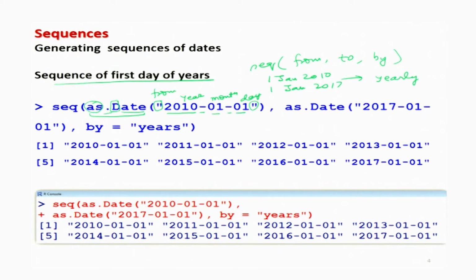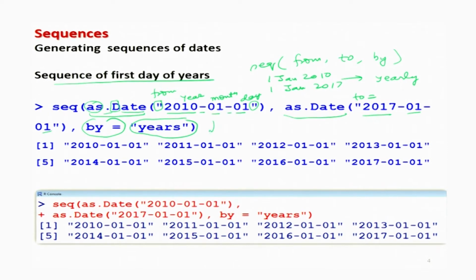So I give here from, and then I give to as.Date, and then I write down in the same format 2017-01-01. Now after this I have to write down here by. Because I need these dates to be incremented by years, I write inside the double quotes "years".